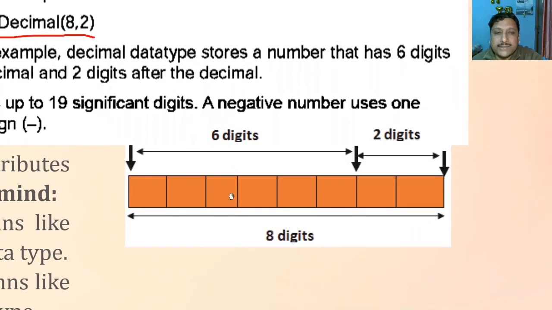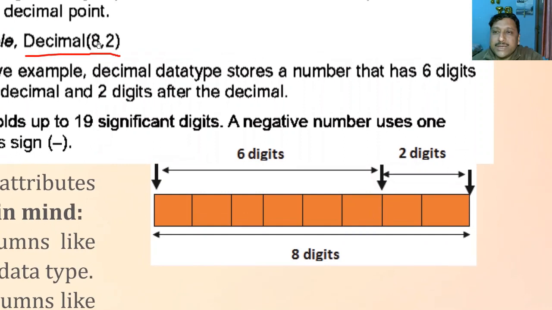Understand that the value 8 is the total number of digits including the decimal point, and the 2 is defined for the 2 decimal digits. So 6 digits are allowed to store the values. A total of 8 digits like this you can give.